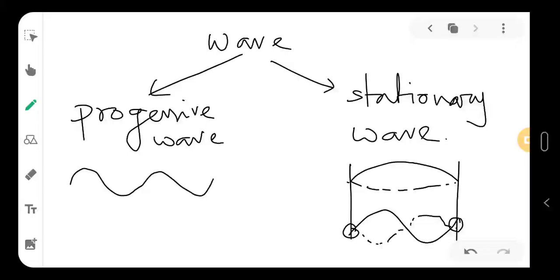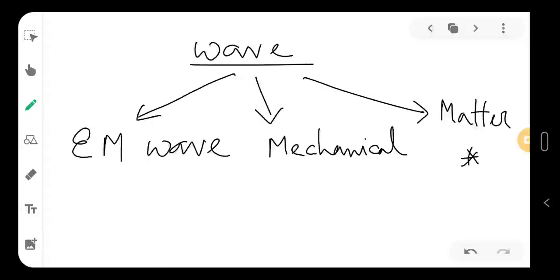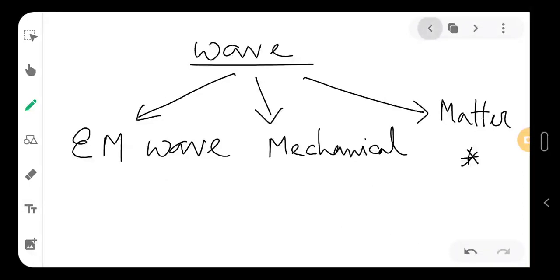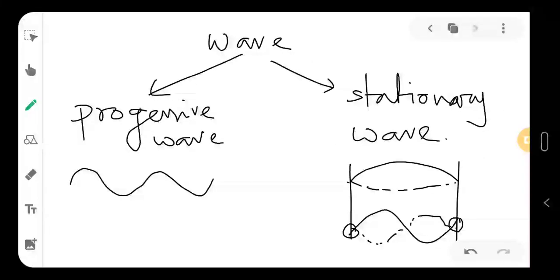actually propagating. So we have already talked about EM wave, mechanical wave and matter wave. Out of that, EM wave also sometimes exhibits propagative wave behavior, and your matter wave also you can see that. But generally we will talk about stationary wave with our mechanical wave itself.